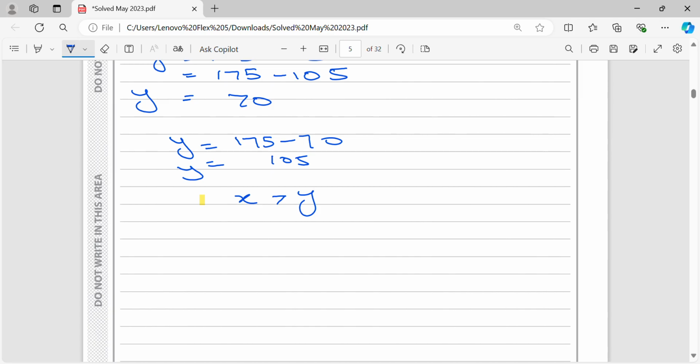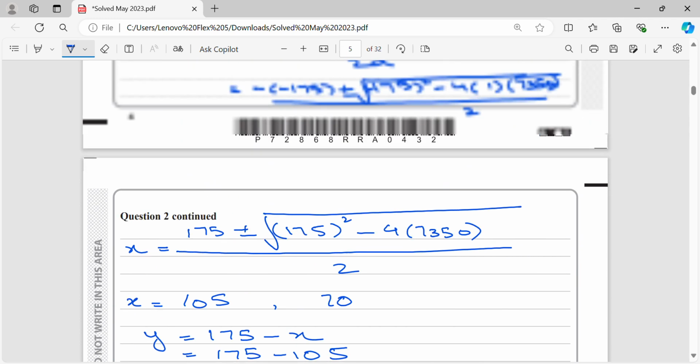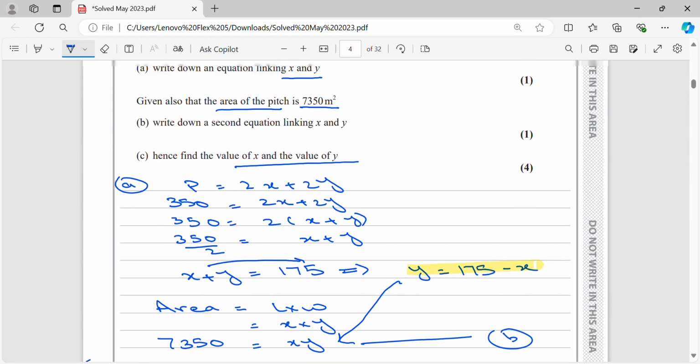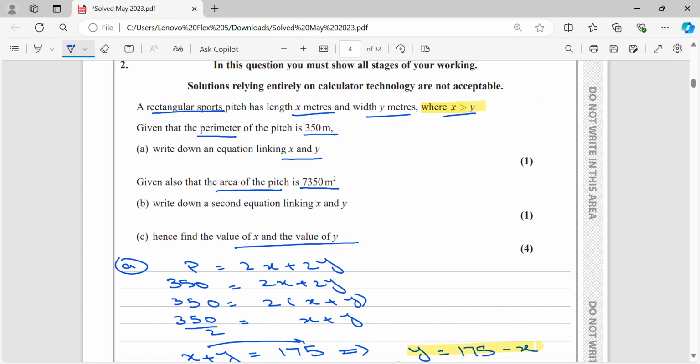It means if x is 105, that is greater than 70. So it means that x is 105 and y is 70. Alright, this was question number 2, where we found the value of x and y.